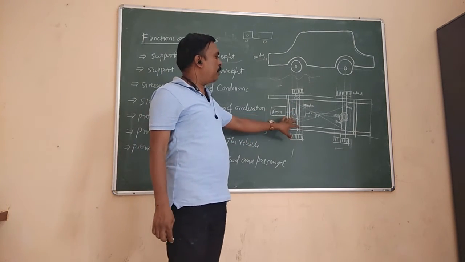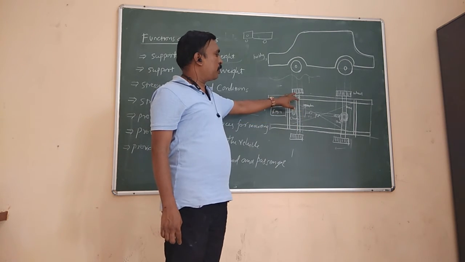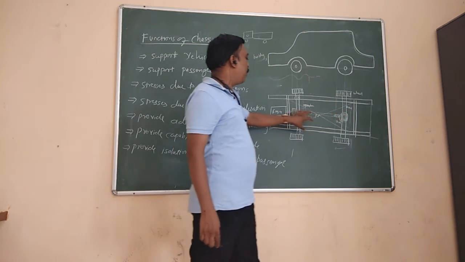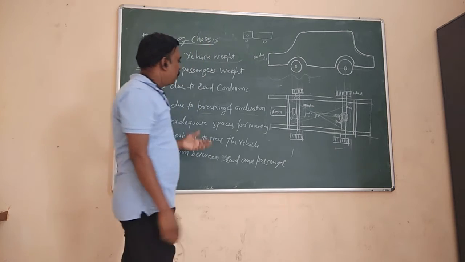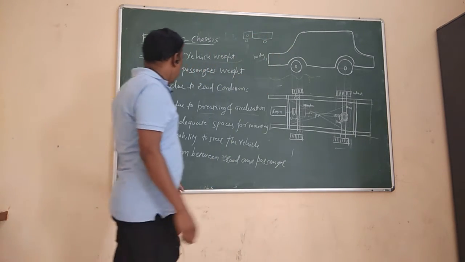For example, the chassis needs to accommodate the transmission system, suspension system, steering system, differential, and gearbox. All these things need to be accommodated, and we should have enough space for the goods as well as the passengers.